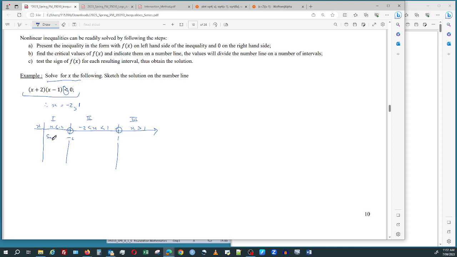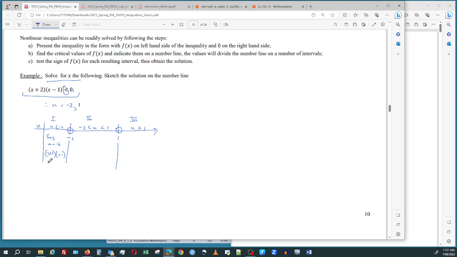Say x is minus 3. That's less than minus 2, isn't it? So if we put it into the function, minus 3 plus 2, minus 3 minus 1, is that indeed positive or negative? We'll check. So we can do the multiplications.